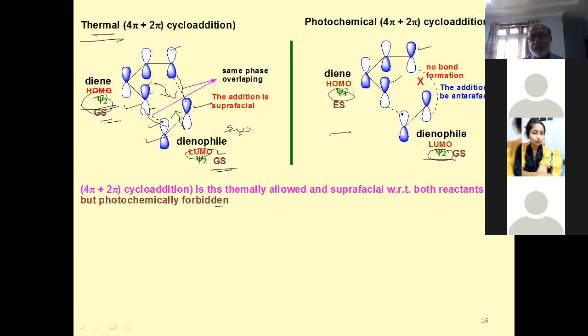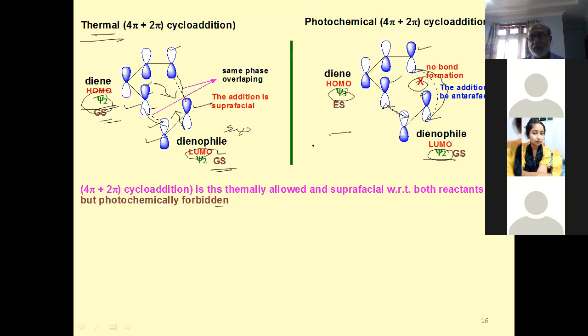Now here we find, if it approaches suprafacially, what happens? This is overlapping, but this one and this one, suprafacial, is forbidden. No bonding is possible because they are of opposite phase. But it can form if it is coming antarafacial.